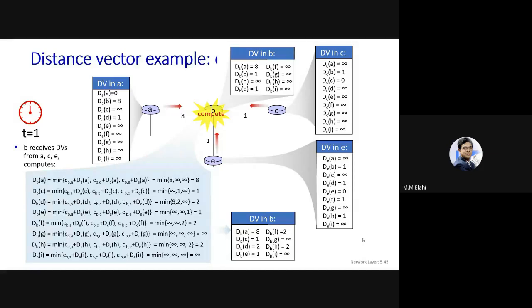A, C, and E. Now A will again recalculate, C will again recalculate, E will again recalculate. This will continue, and there will be a time when there is no more update, and that we call a converged state. That means in that state the routers will be perfectly forwarding the packets.